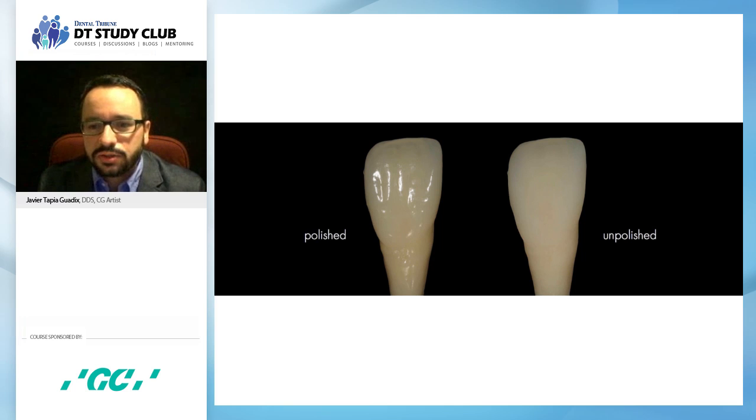Immediately the right one looks much brighter, with much more value, and that's only because of the specular reflection, because there is a micro texture in the surface that will produce these blur reflections. While on the other one we have a flat, smoother surface that can let light pass through easier, so we can see this more transparent material underneath.